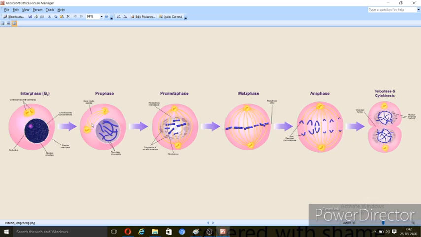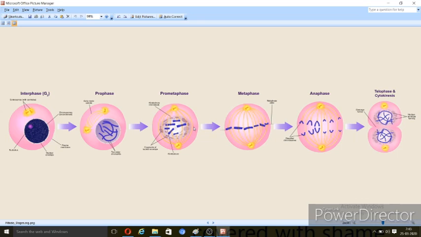Once they have reached the opposite poles, the microtubules, or spindle fibers, will be attached on the centromere of the chromosome. So at this time two important things are taking place: number one is the disappearance of the nucleus, and another is the attachment of the spindle fibers on the centromeres.